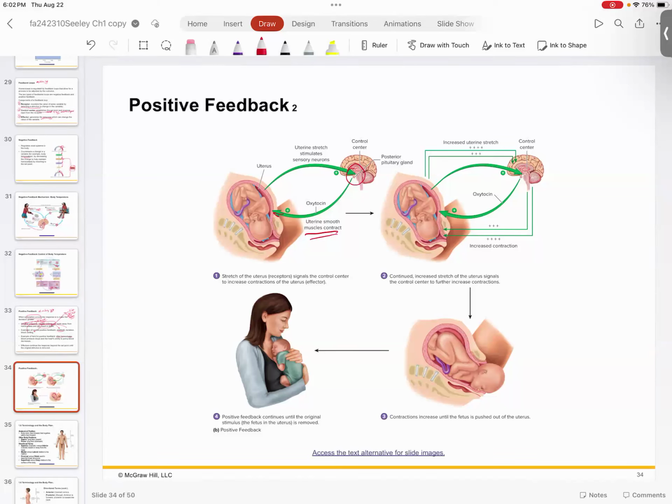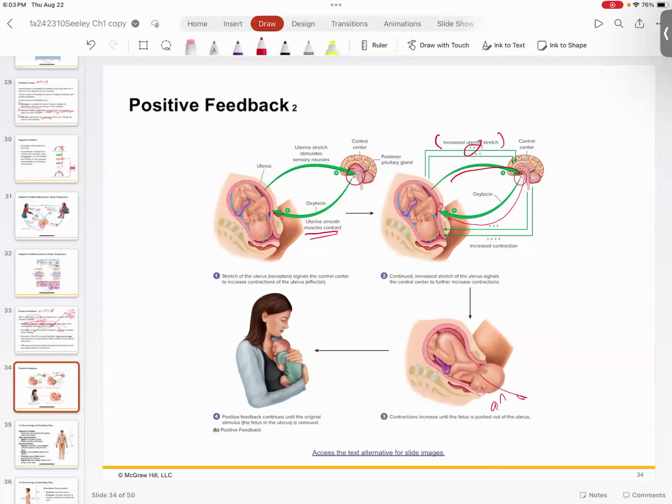The contraction creates even more uterine stretch, so you can see extra pluses here, which continues to send that stimulus back to the pituitary, which sends even more oxytocin. The contractions will continue until the baby comes out.